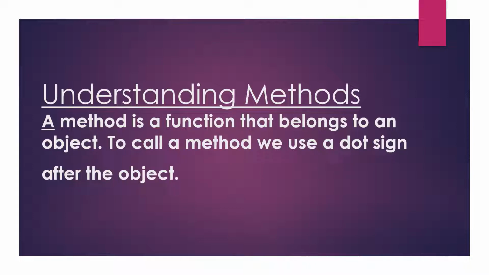It can be a string, it can be an integer, it can be a list, which we will discuss later in this course. It can be a dictionary, which we will be discussing later in this course. It can be a float, and so on. So, a method is a function that belongs to an object, and it is applied by using a dot sign after the object on which we want to call that method.